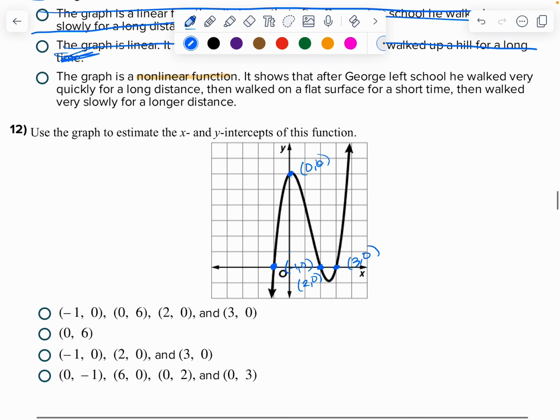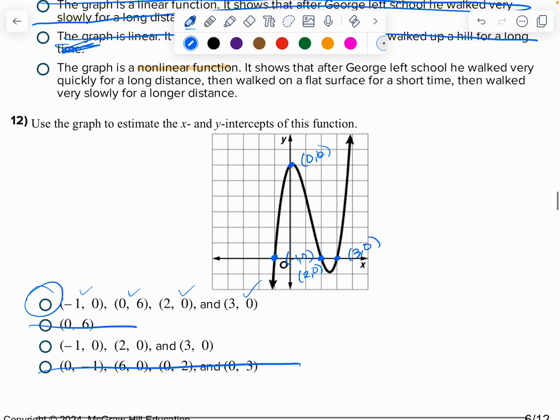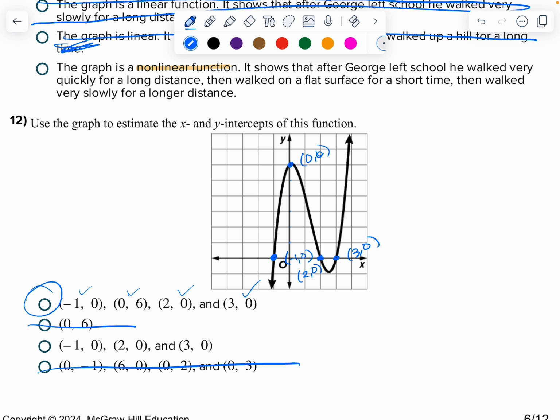Okay, -1, 0. Can't be this one, can't be this one. So it's one of these two. So -1, 0, 0, 6. We've got this, we've got this. 2, 0, got that. 3, 0, got that. There we go. It did help that there are 4 points, and this one has 4 points.